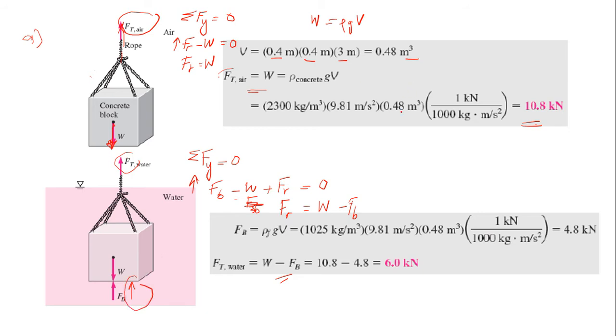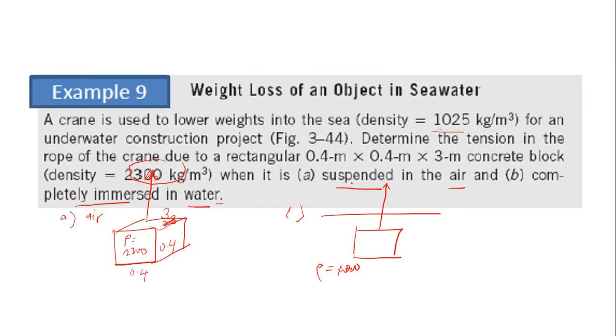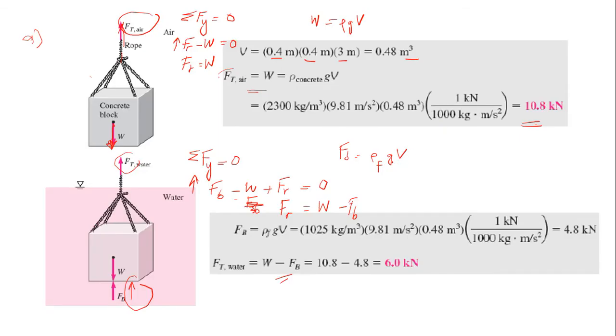FB, from the formula, is equal to rho of the fluid times G times volume. They give you the rho of the fluid, which is 1025, because it is in the sea. G is still 9.81, and the volume is the same, because it is the same concrete.